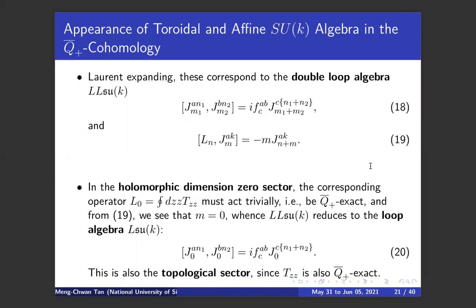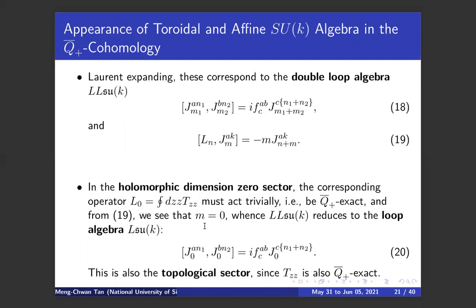So in the holomorphic dimension 0 sector, which means that this operator, which is given by this, the rest must act trivially. In other words, it must be Q-exact. And from 19, we can see, if you put the 0 here, that if this operator were to be annihilated by this, M must be 0.